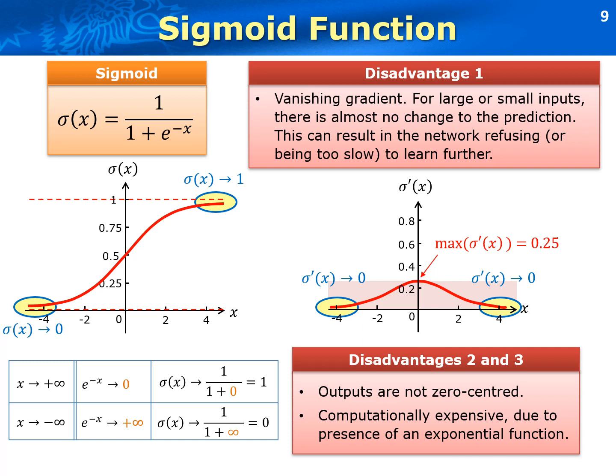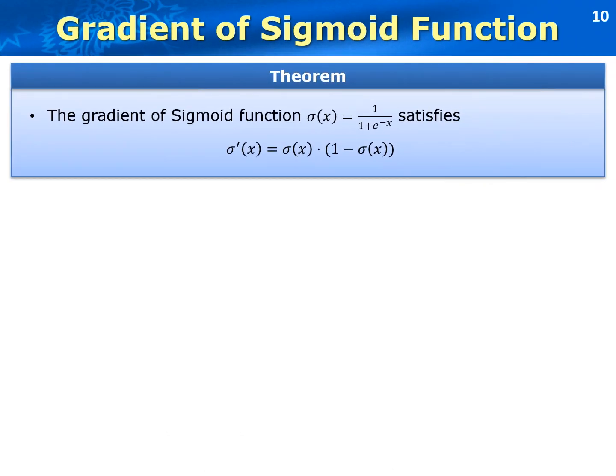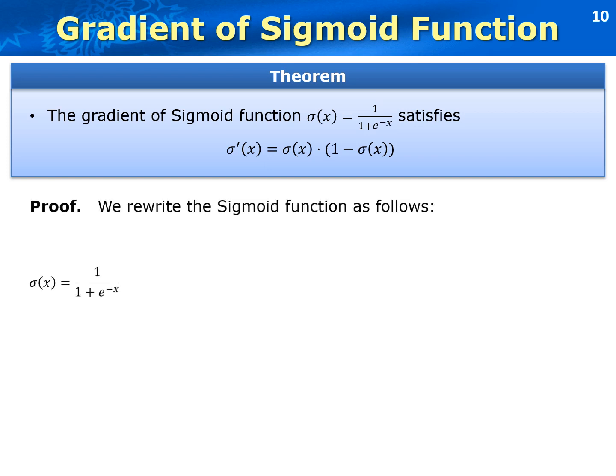Before illustrating this problem, let's first take a look at the derivative of the sigmoid function. We show the following theorem. The derivative of the sigmoid function is the product of the sigmoid function times 1 minus the sigmoid function. To prove this, let y be the denominator. We can get the following two equations.